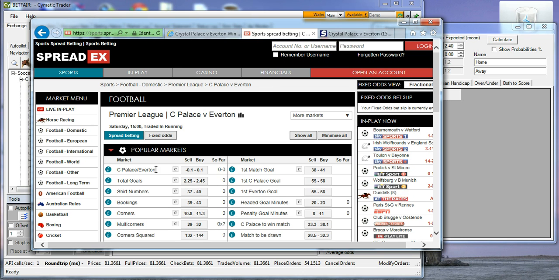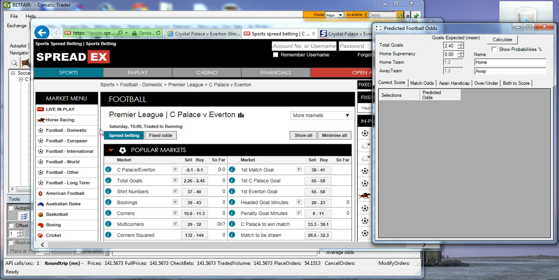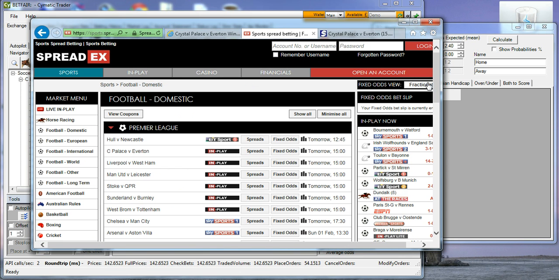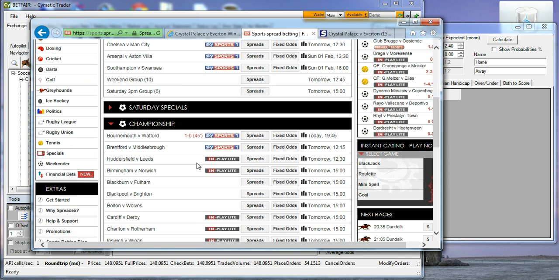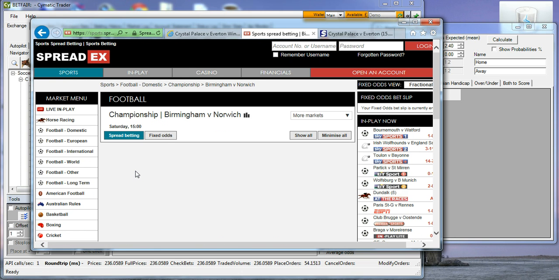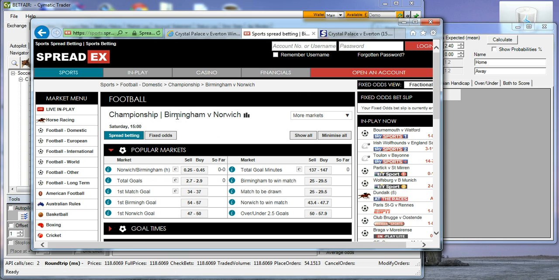If when you're looking at these values you notice that the home team is listed second, then you'll put a minus number in the home supremacy. I'll quickly show you one so you can see what I mean. Let's go to Championship, Birmingham versus Norwich. Birmingham's the home team, but Birmingham is shown second in the home supremacy.